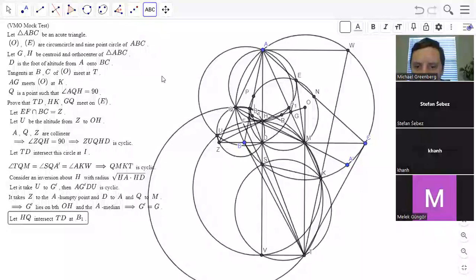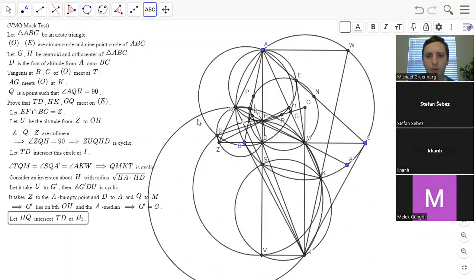All right. So we project through T, and then that shows, okay, we wanted to show that Q, B1, H, and M is harmonic.